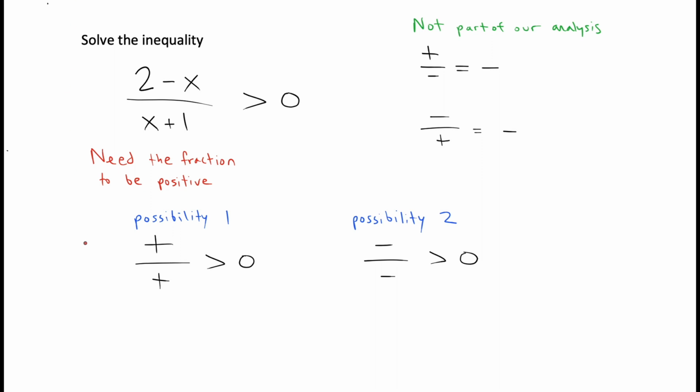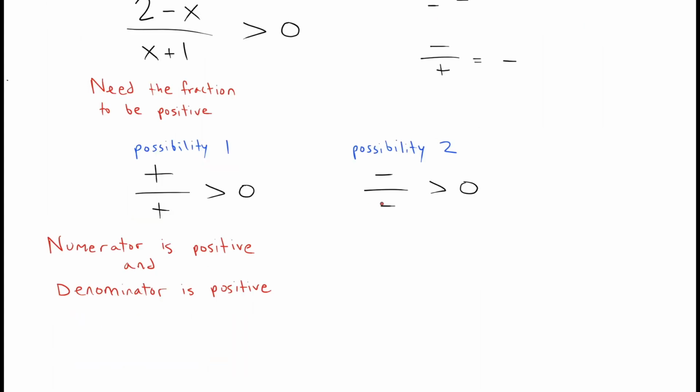What we're saying here is that I need the numerator to be positive, and the denominator also needs to be positive. Over here, the possibility is that it might be that the numerator is negative and denominator is negative.